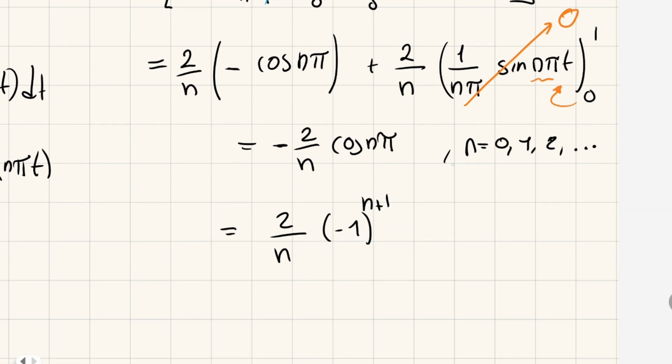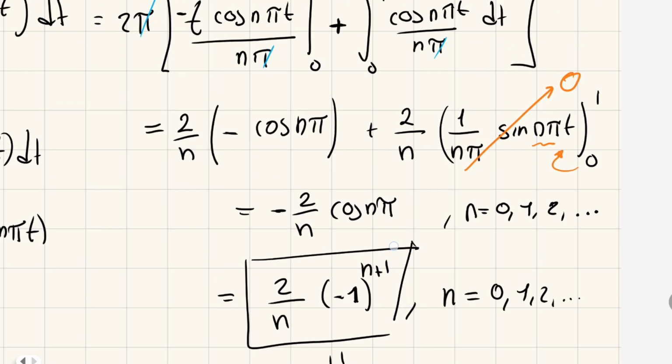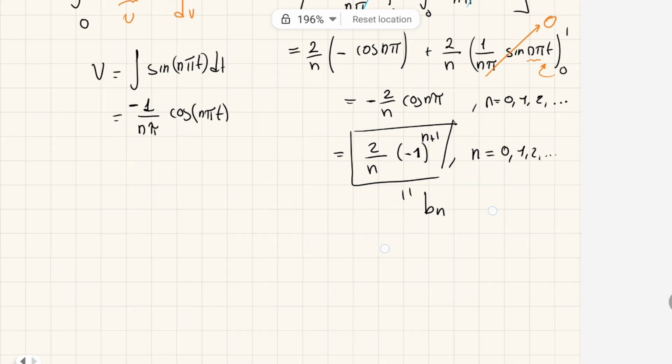Look, when we have n equal to 1, we have negative 1 to the power 2, so that is positive. Perfect. So that means that we are correct. This goes from n equal to 1 to infinity. Perfect. So this will be the value of b sub n.